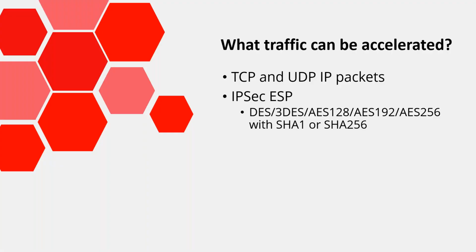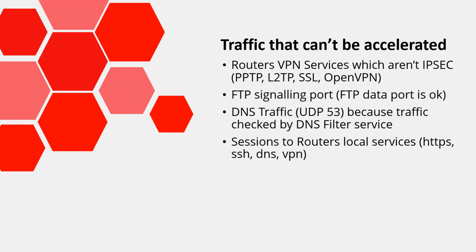Both TCP and UDP IP packets can be accelerated. Our latest range of routers can also benefit from IPsec VPN traffic getting better performance. Note that non-IPsec traffic isn't hardware accelerated, nor is DNS and sessions to the router's local services.